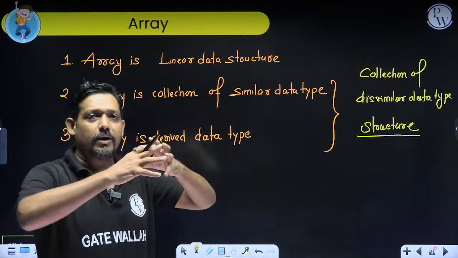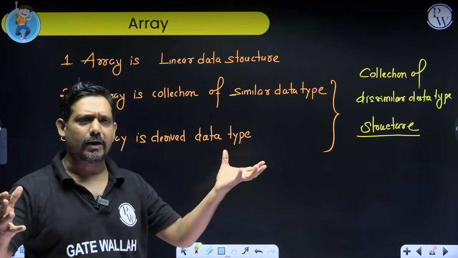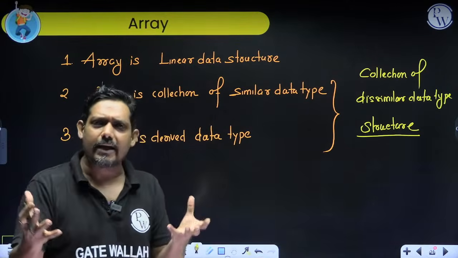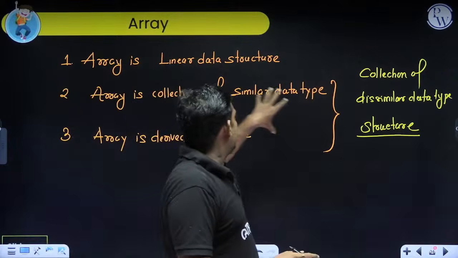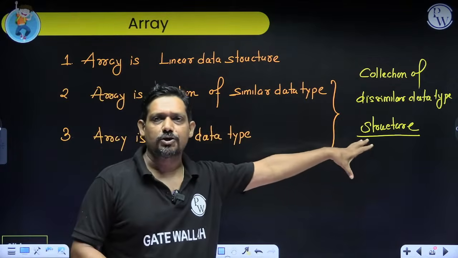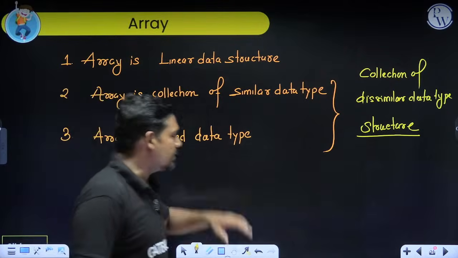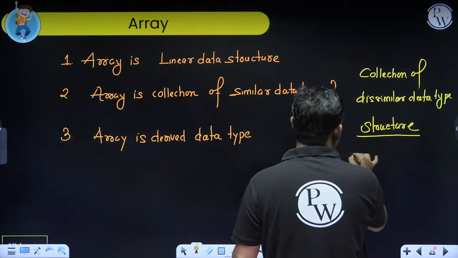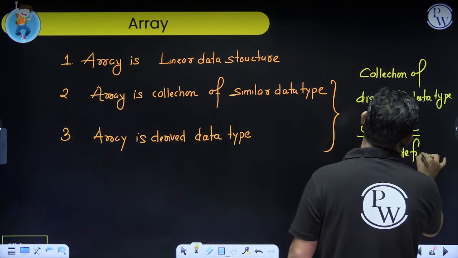In a structure you can take different data types. You can take one integer, one character, a pointer, an array, anything, and club them together. So the array is homogeneous, and that is non-homogeneous. It's a derived data type, and this one is a user defined data type. What a structure is, is that the user can define a user defined data type.